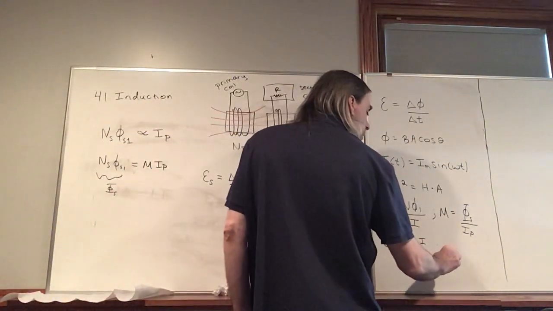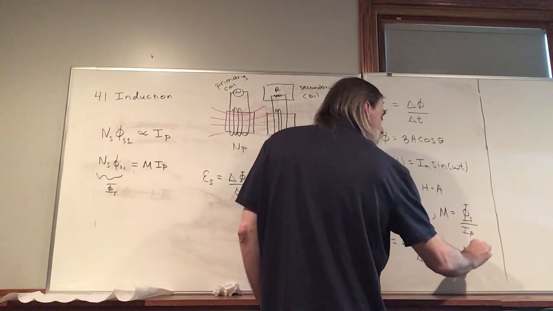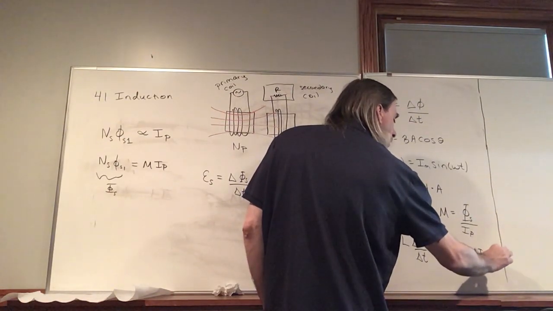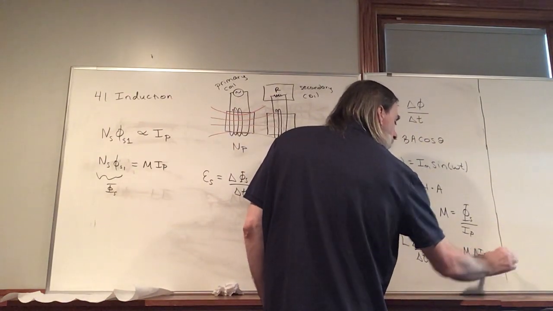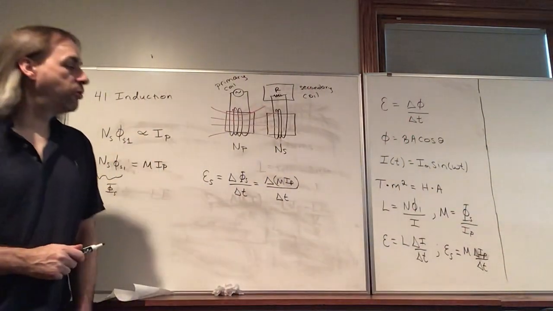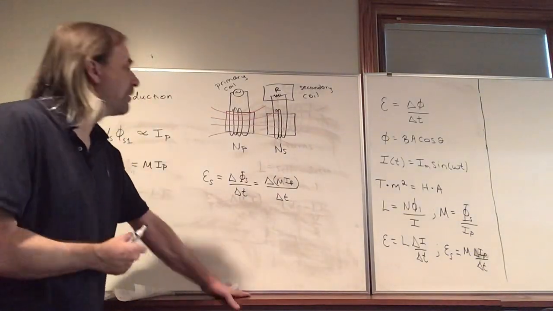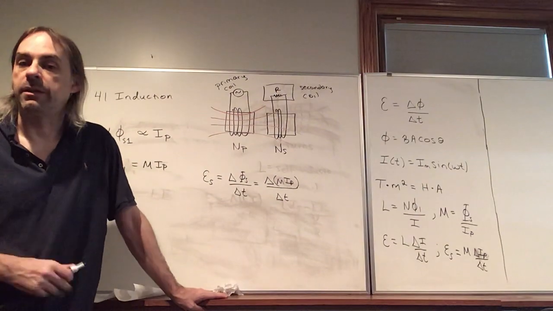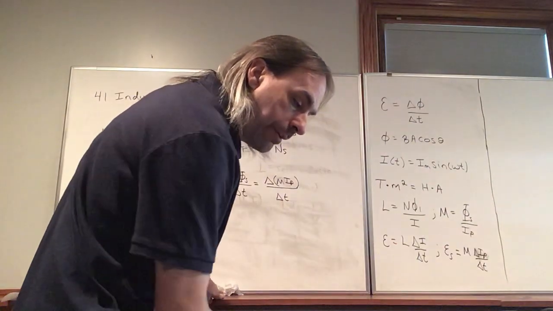So the EMF in the secondary coil is equal to M times delta IP over delta T. So the more rapidly you're changing the current in the primary coil, the bigger the EMF you get in the secondary coil.